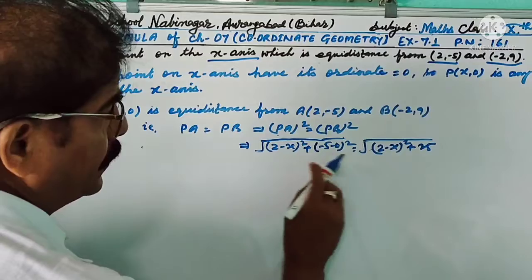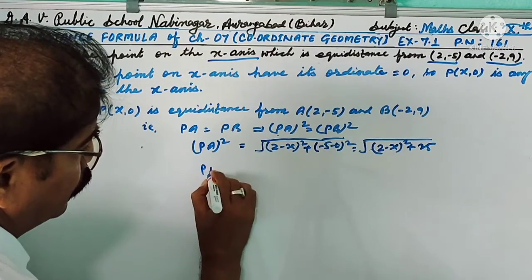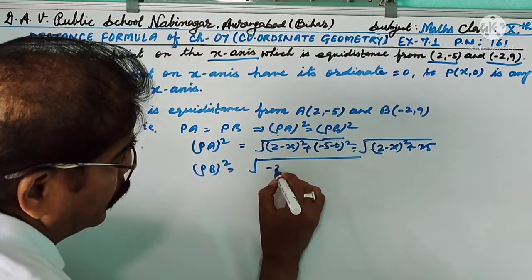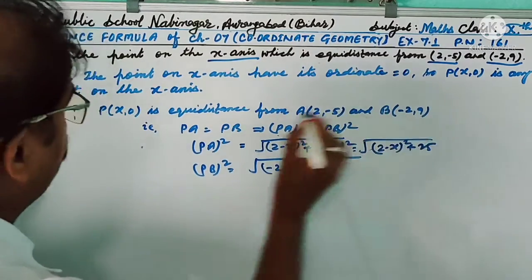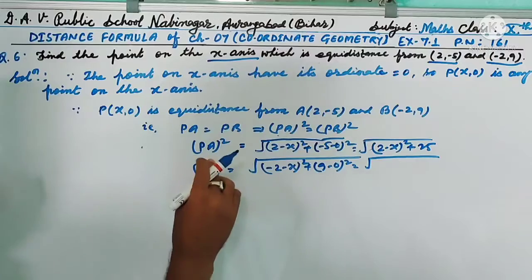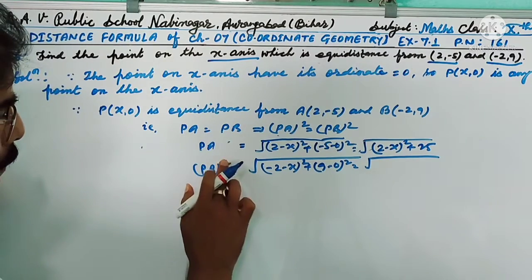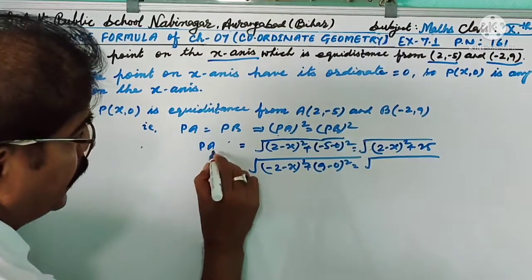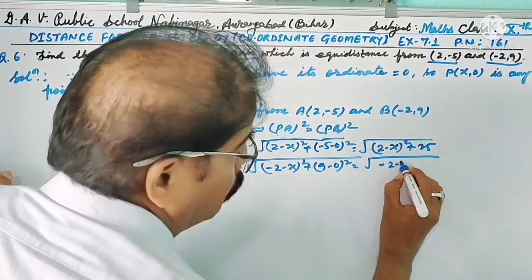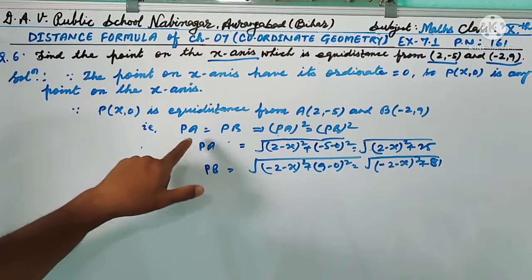And PB is the square root of (-2 minus x) square plus (9 minus 0) square, that is (-2 minus x) square plus 81.